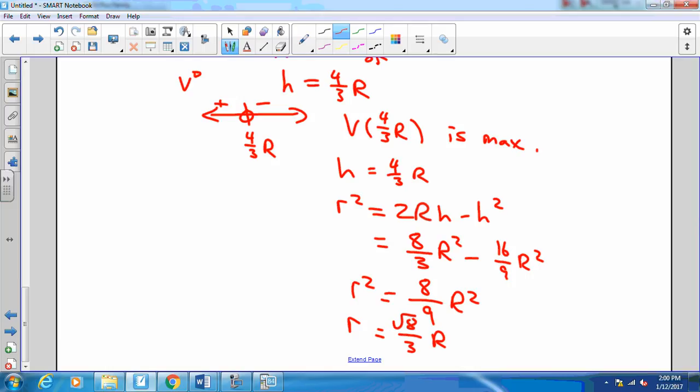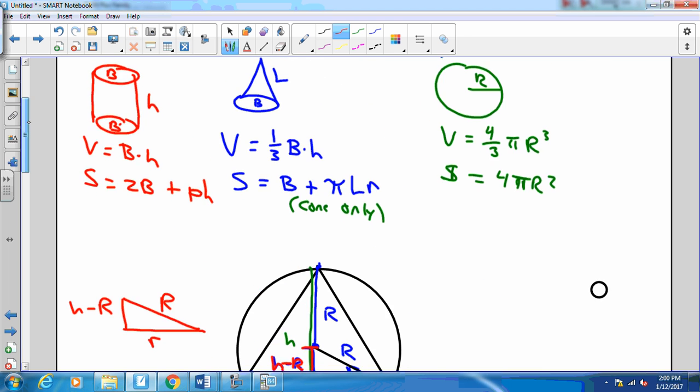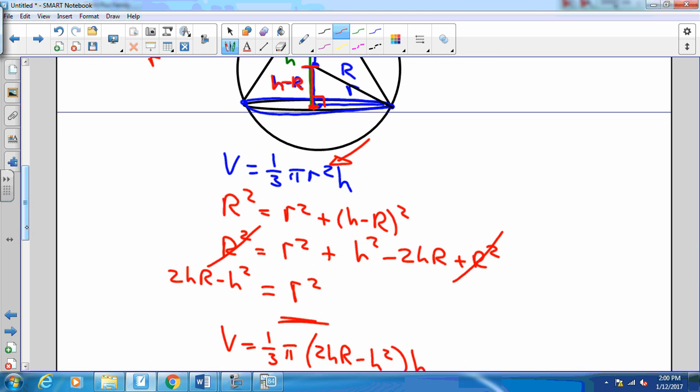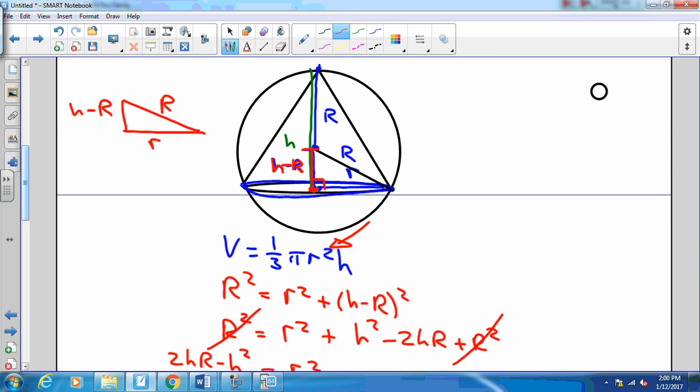So this problem was interesting to us, first of all, because it was a little bit abstract, right? Second of all, because we dealt with the inscribed notion right here, with an equation that corresponded to the fact that my cone has to fit inside the sphere.